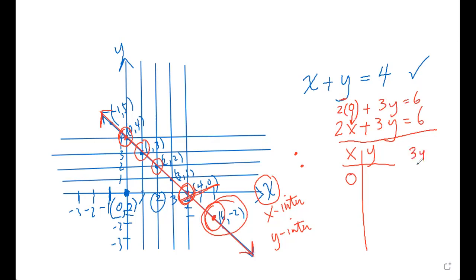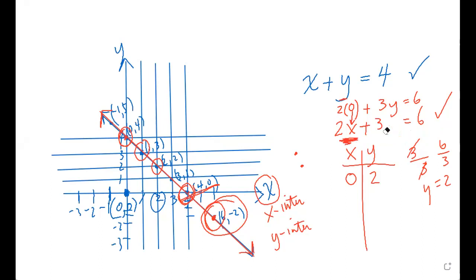Everyone knows how to solve that. You divide both sides by 3, and y equals 2. So if x is 0, y is 2: 2 times 0 is 0, plus 3 times 2 is 6, equals 6. Bingo, that is a true statement. So that's 1 point.